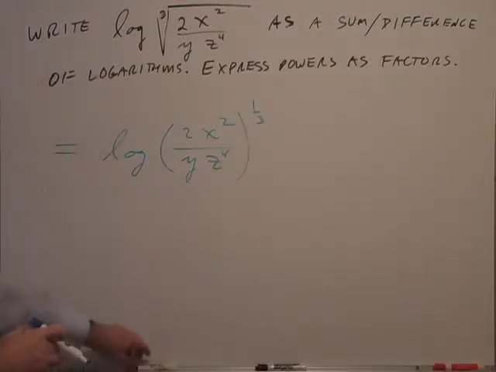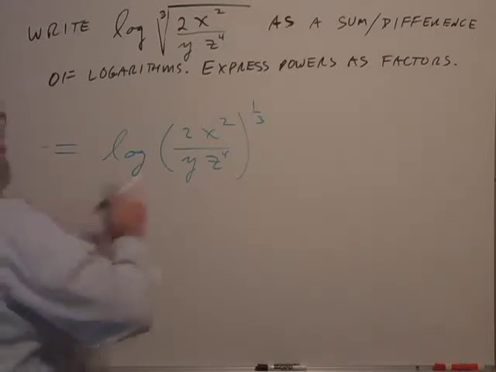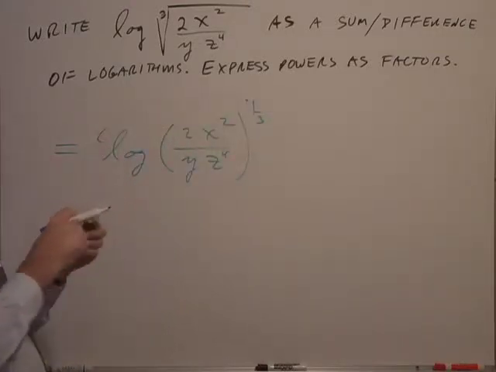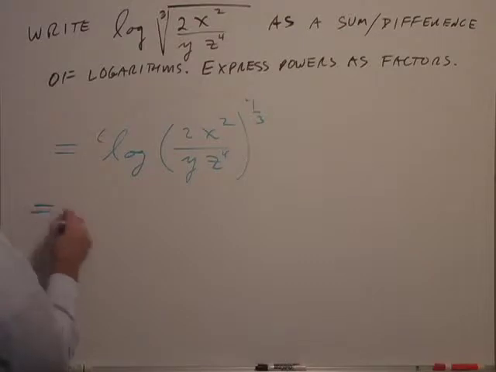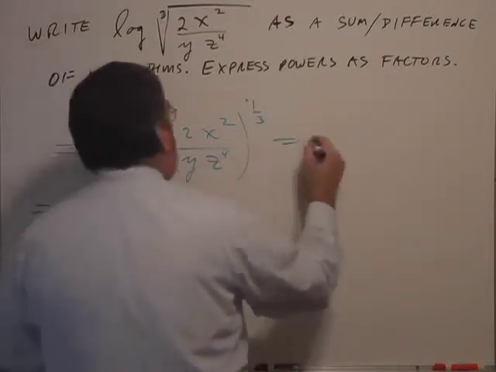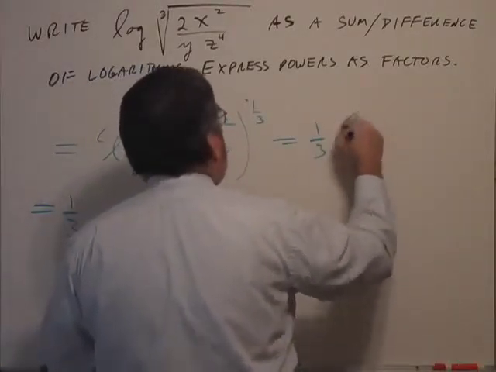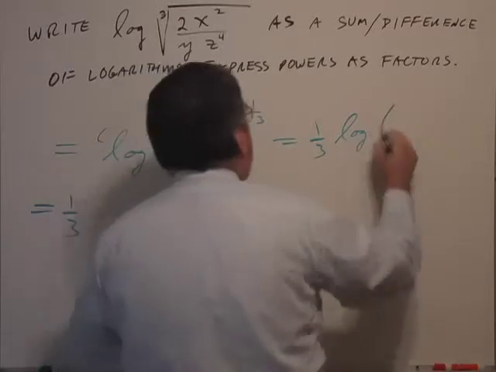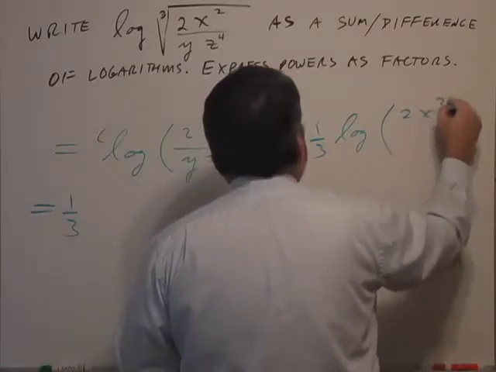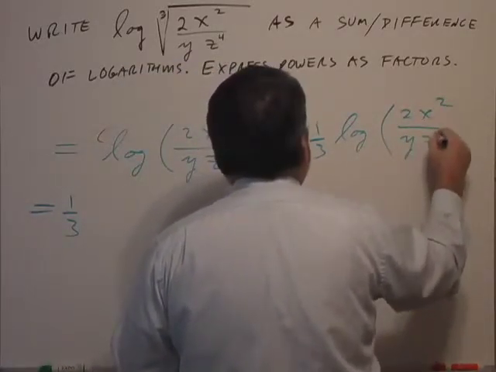And now let's take the power rule, multiply the 1/3 over here. So it ends up being 1/3 log of 2x squared over y z to the fourth.